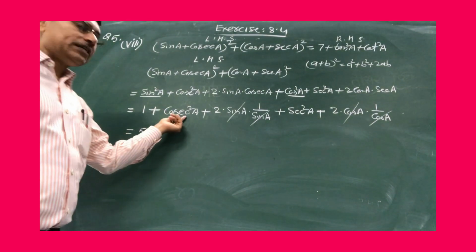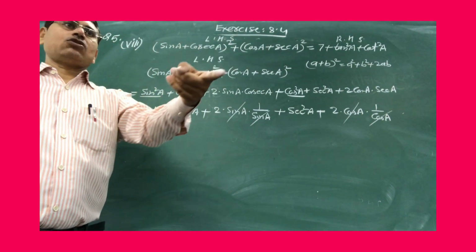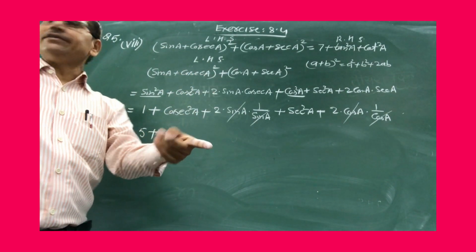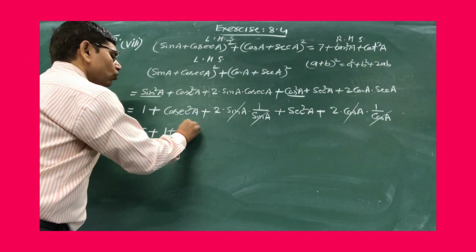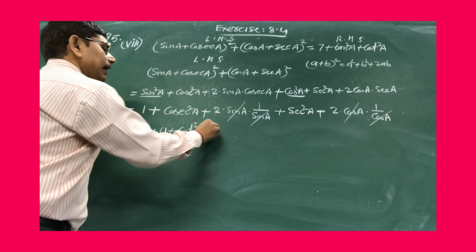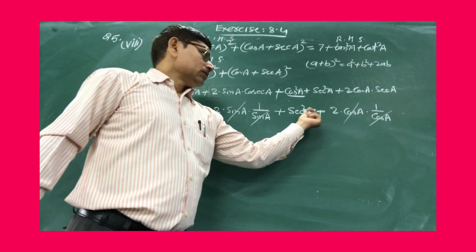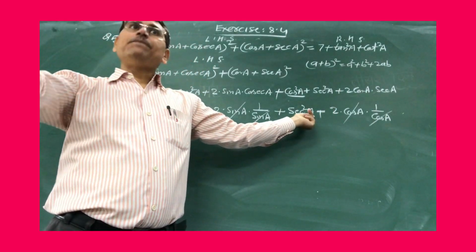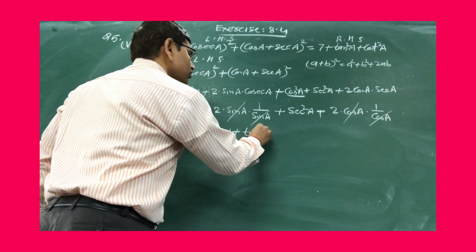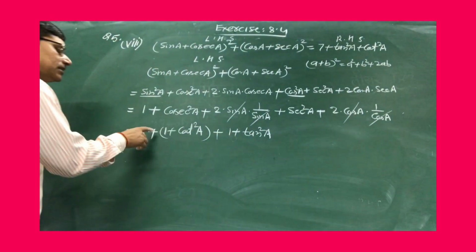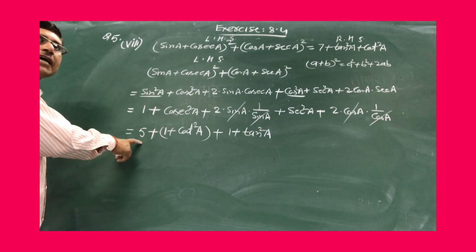And cosec square equal to 1 plus cot square A. This is the next identity. So here you will write 1 plus cot square A, and also sec square A equal to 1 plus tan square A. So you will write 1 plus tan square A. 1 plus 1 plus 5, 7.